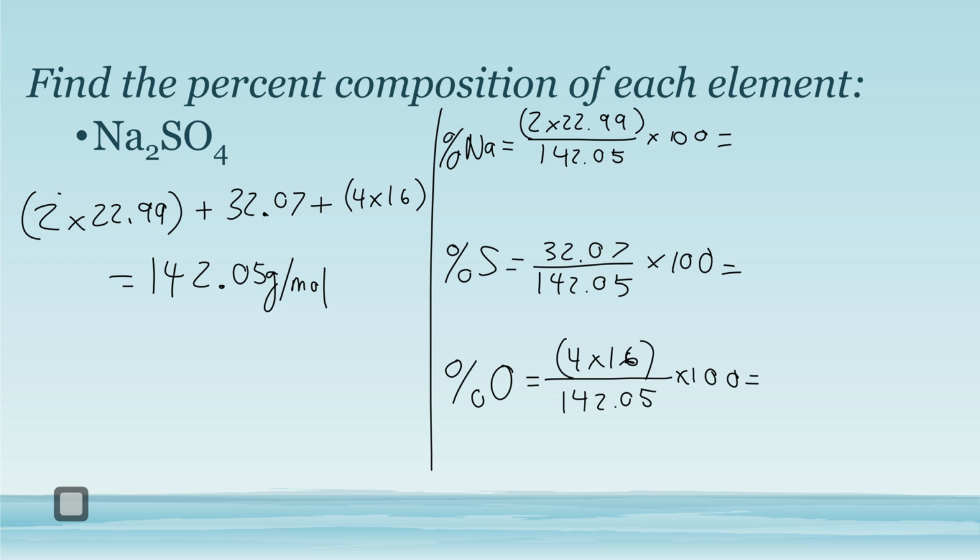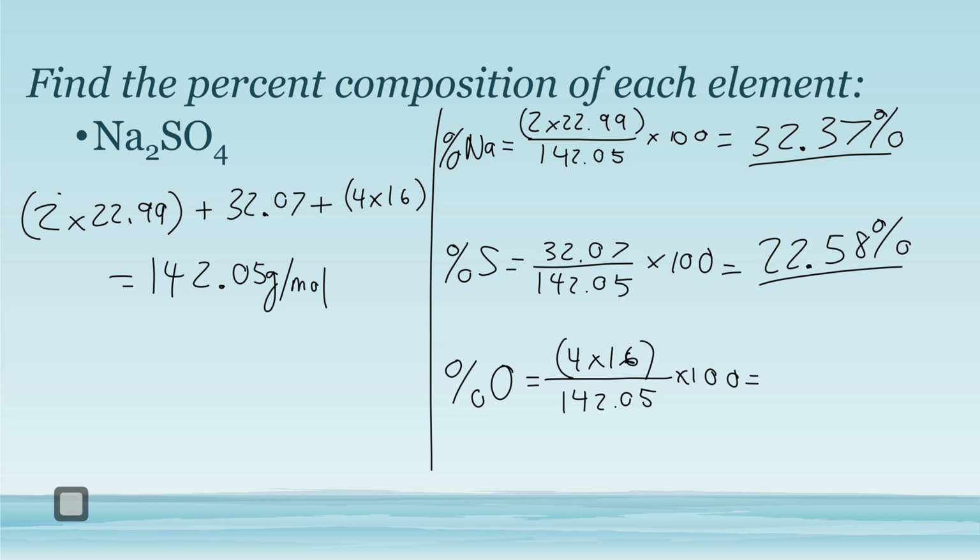So 2 times 22.99 divided by 142.05 times 100. So this would be 32.37. The second one is 22.58. So technically, I could add these 2 up and then subtract it from 100, and that would be my percent oxygen.